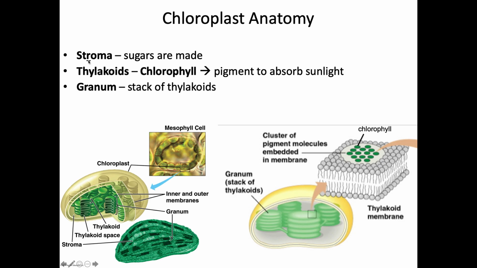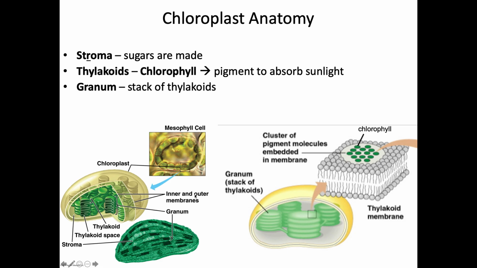So don't get stoma, S-T-O-M-A, and stroma, S-T-R-O-M-A, mixed up. The stroma is in the chloroplast, this fluid-filled medium. That is where the sugar is made. That is where our glucose is actually made for the plant during photosynthesis.